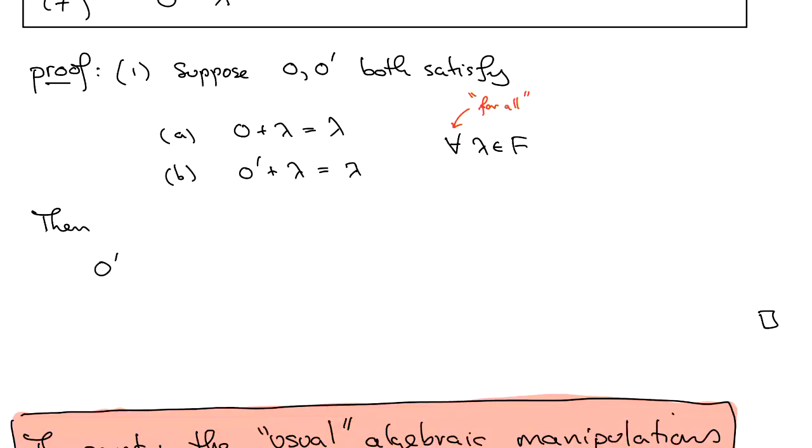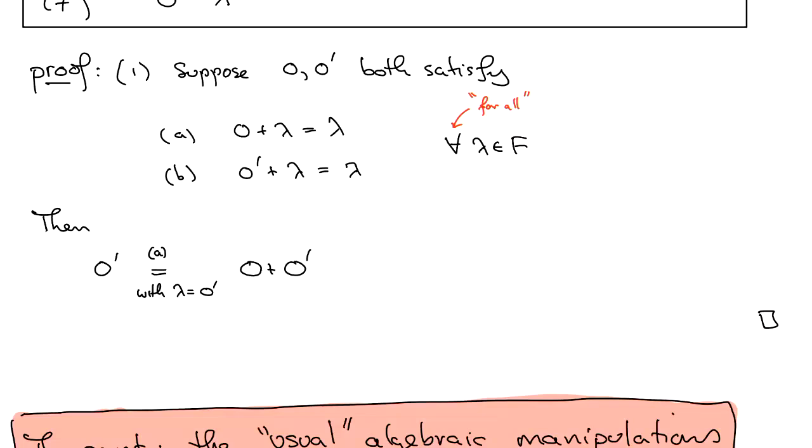It's a bit of just pushing stuff around, but in this lemma, this is where we're going to say very precisely which field axioms we're using. So we're going to use the fact that 0 is a 0. I'm going to use A with a particular lambda equaling 0 prime. Using A, that says that this is equal to, so the 0 prime is actually the right-hand side of equation A up there, 0 plus 0 prime.